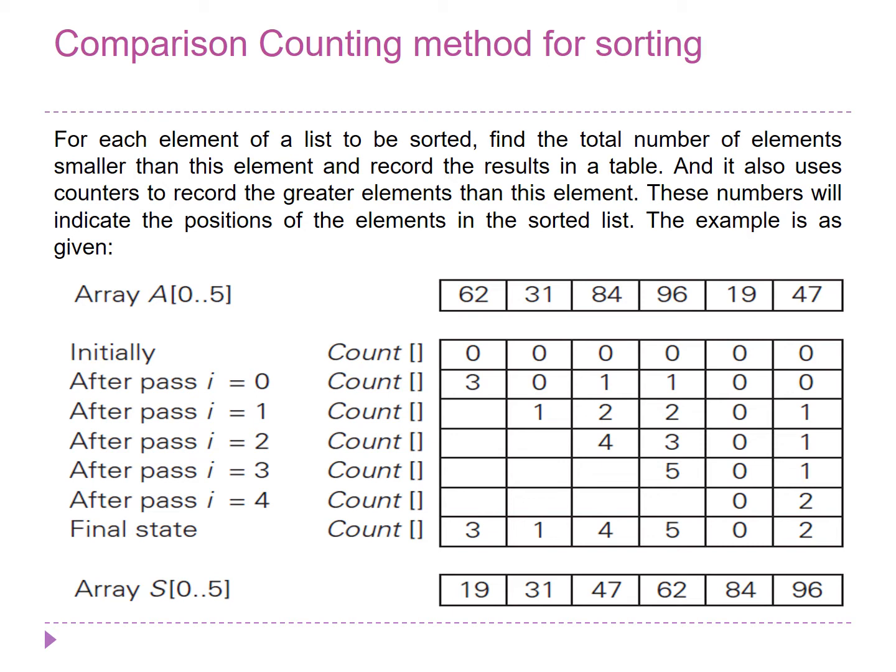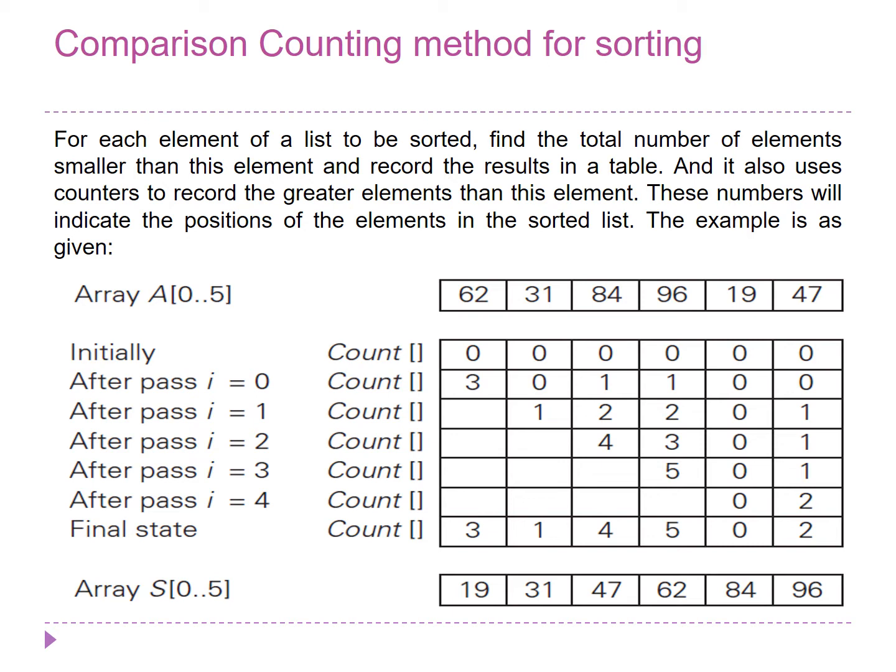Let us consider an example which has an input array of 6 elements. The elements being 62, 31, 84, 96, 19 and 47 stored in that order. A counter is declared as a count array whose length is equal to the length of the input array.